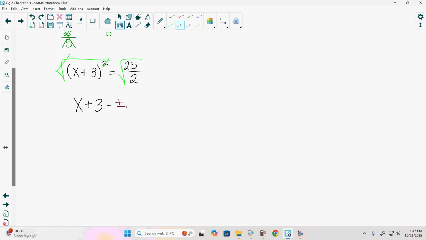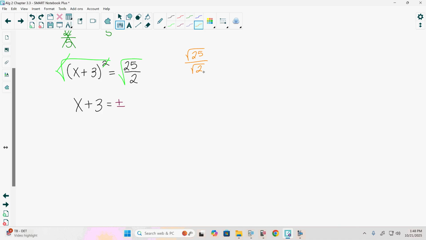On the right-hand side, we're going to take the square root of 25/2. So we're going to have to take the square root of the top and bottom, rationalize the denominator, and work it out. Now, if we want to use the calculator and let it help us, we do have to break it up.